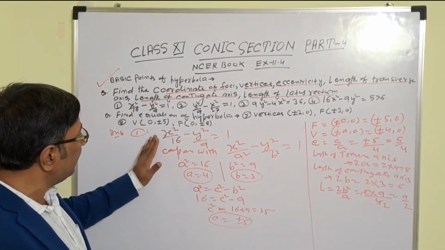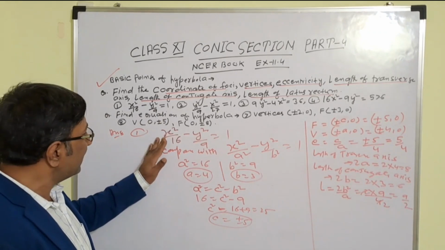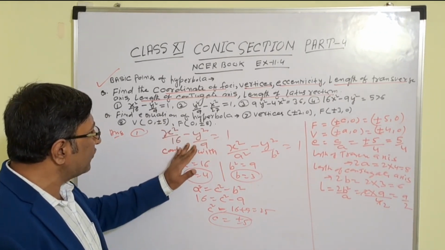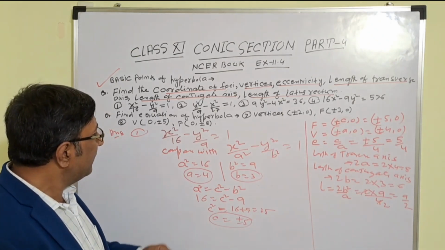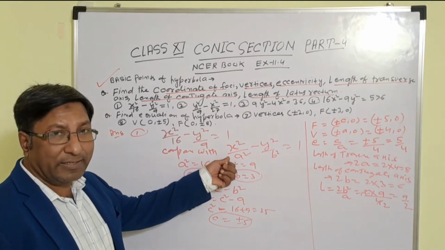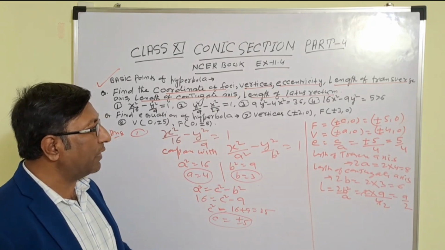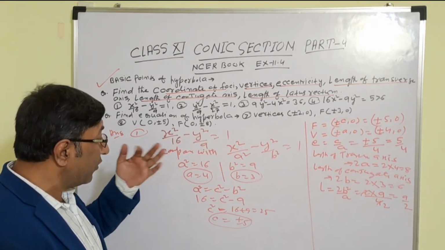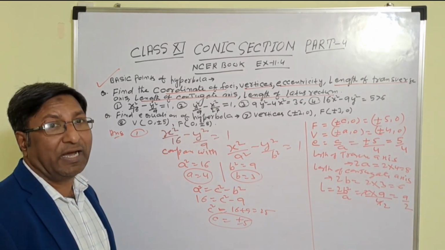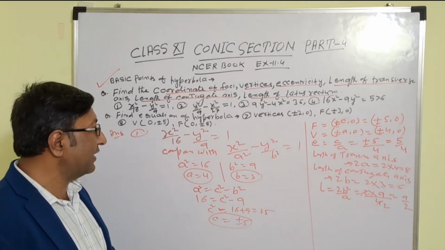So first you see what your equation is: x square by 16 minus y square by 9 equal to 1. Compare this equation with x square by a square minus y square by b square equal to 1, because here x is positive, so the foci of this hyperbola will be on the x-axis.